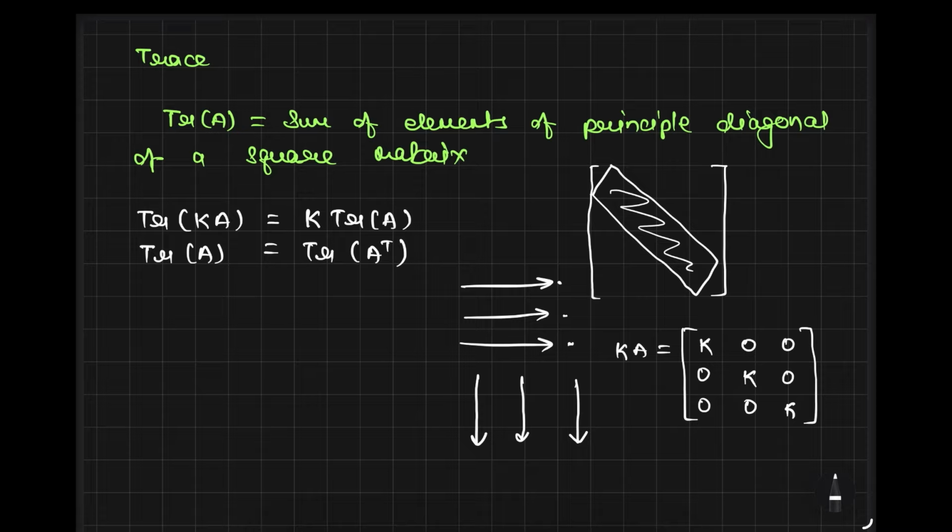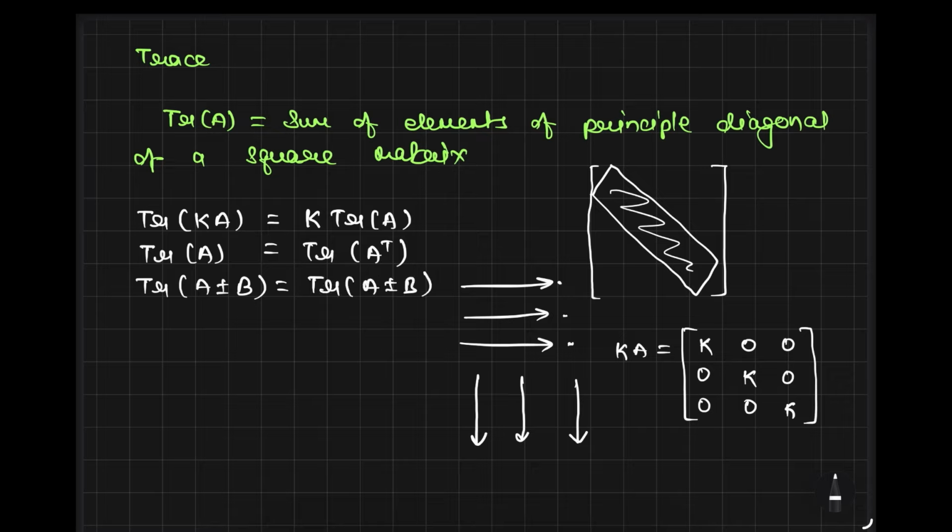Now, suppose that you need to find out trace of A plus or minus B. Directly you can go with this as well.